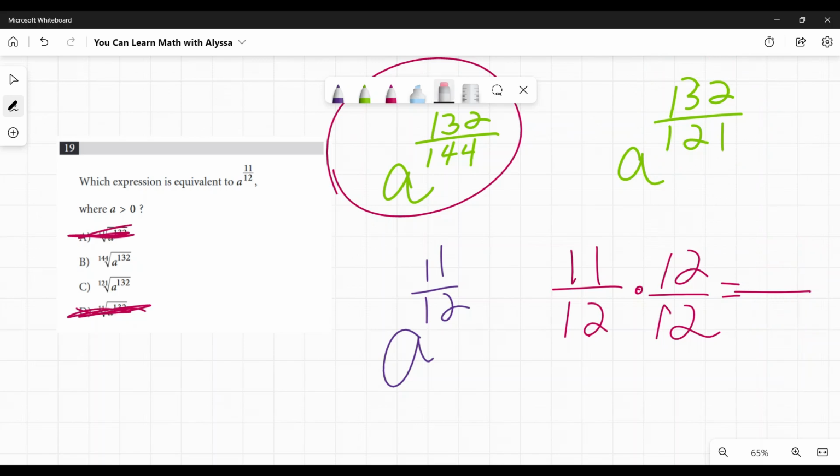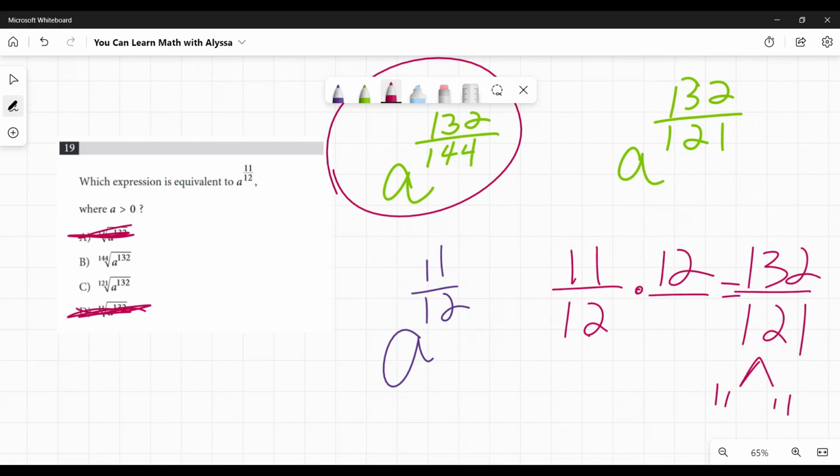If you're running short on time, I wouldn't do this, but if you have a second to double check your answer, why not? Let's see, is there any number that I could... well, this is weird. 11 times 12 is 132. There isn't a whole number that I can multiply 12 by to get 121. 121 is 11 times 11, and that's it.